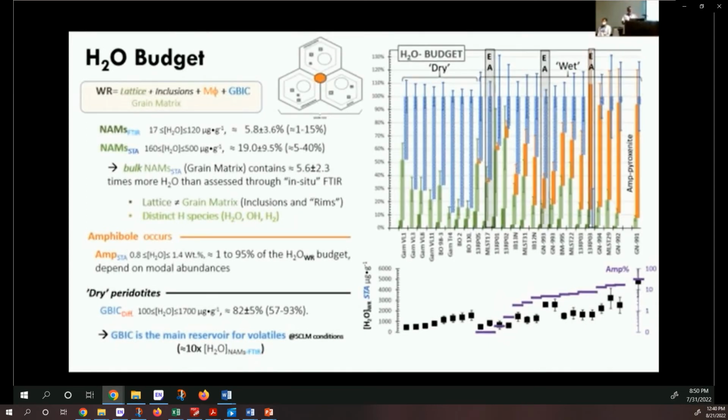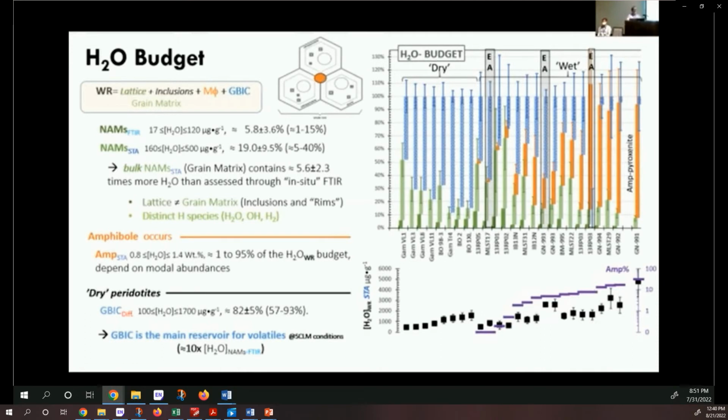But also FTIR is speciation dependent. That means that with FTIR you are measuring OH, which is calibrated, and although you may detect the presence of other species of H like dihydrogen or molecular water, it is not calibrated and therefore not quantified for water content.